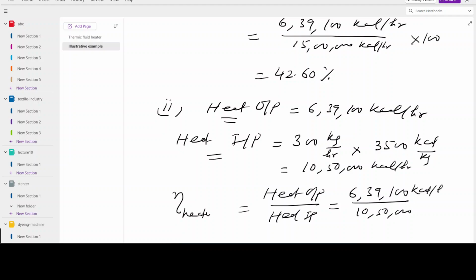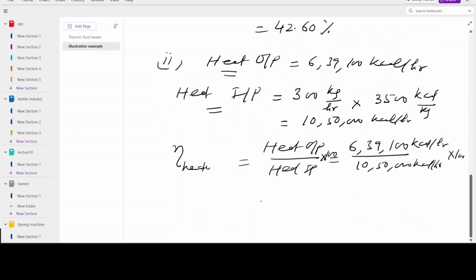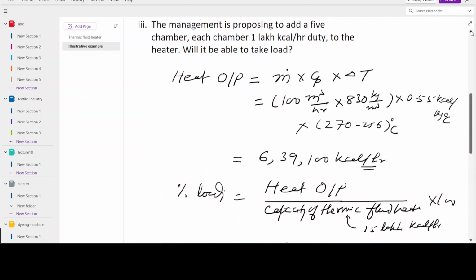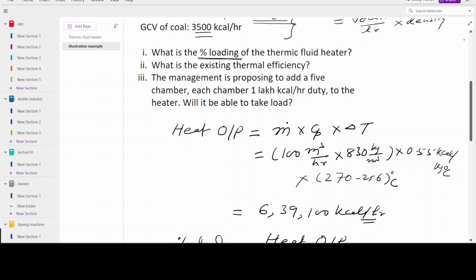Units are kilocalorie per hour. We will multiply by 100 for percentage efficiency. This will come out to be 60.86 percent. We have found the efficiency.